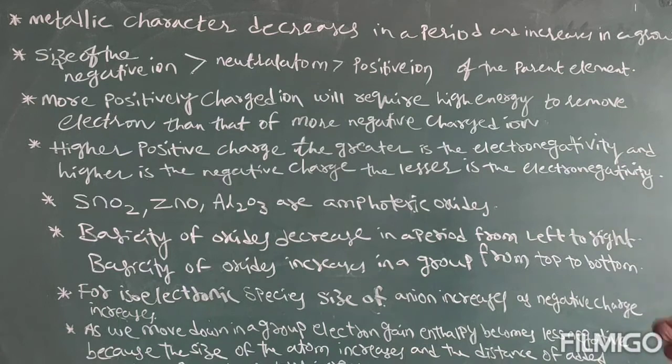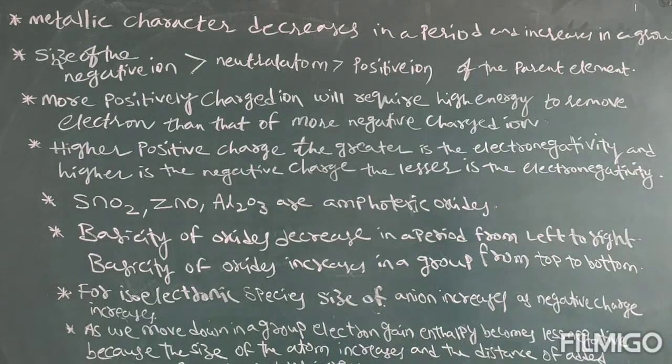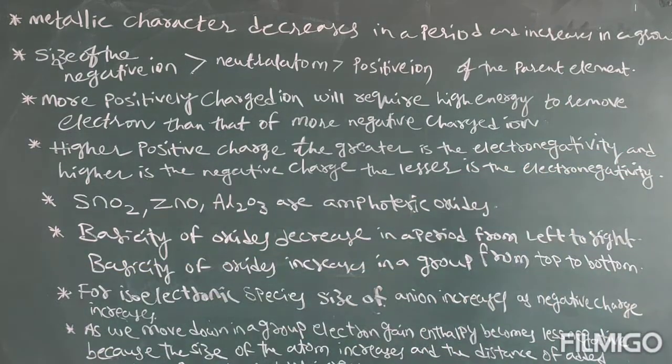And as we move down in a group, the electron gain enthalpy, which is nothing but electron affinity, becomes less negative because the size of the atom increases. When the size of the atom increases, the distance of the electron from the nucleus also increases.